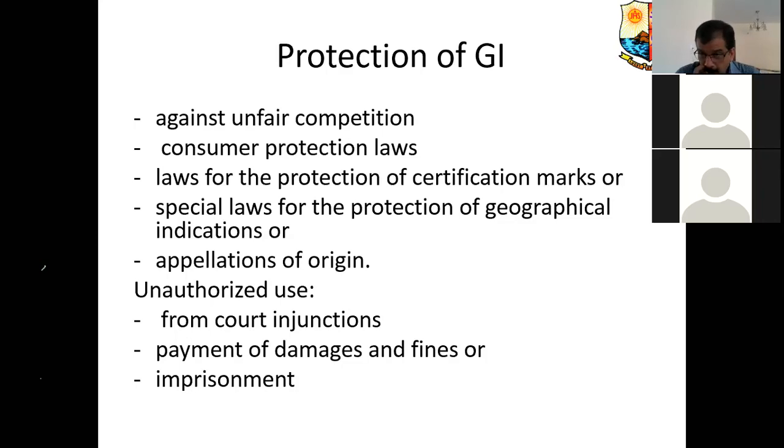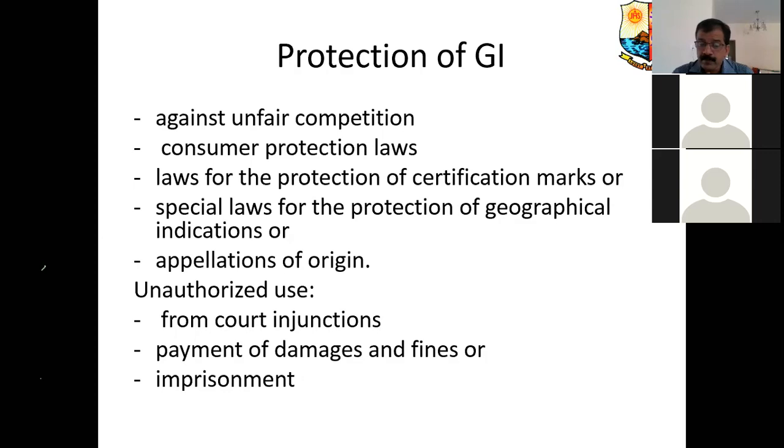Similarly, the law allows protection under consumer protection laws. What are the consumer protection laws? They always protect the consumer and his interest. Suppose someone cheats the consumer, he can get protection from the consumer protection laws.